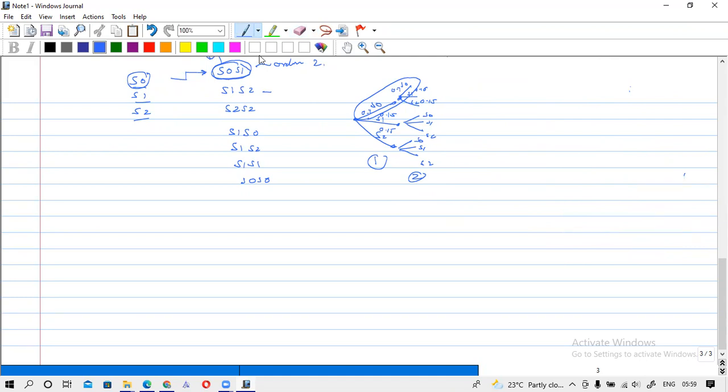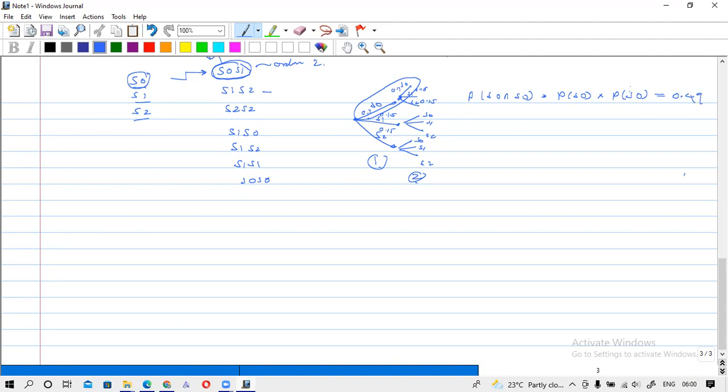So now you can see that events 1 and 2 are independent. So you can get P(S0 S0) by directly multiplying P(S0) into P(S0). What is the probability here? 0.7 into 0.7, that means 0.49.